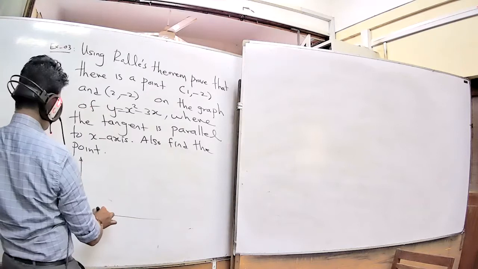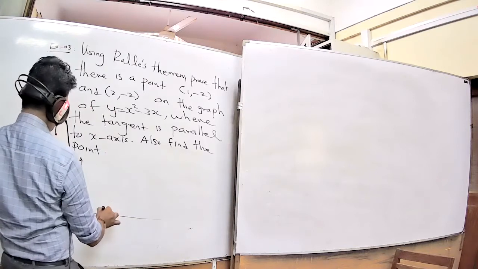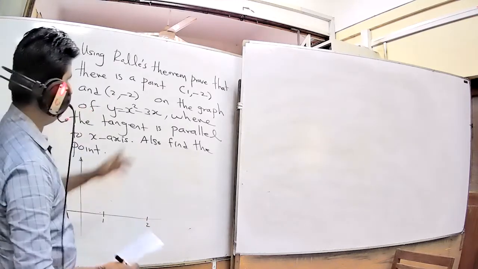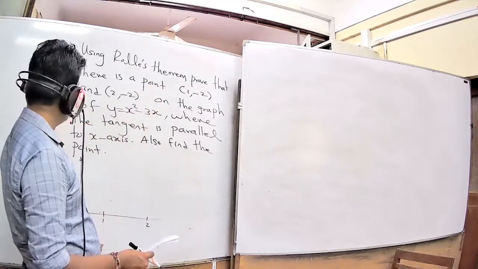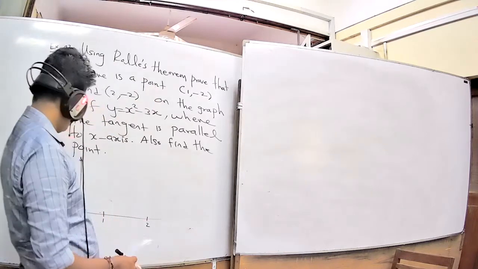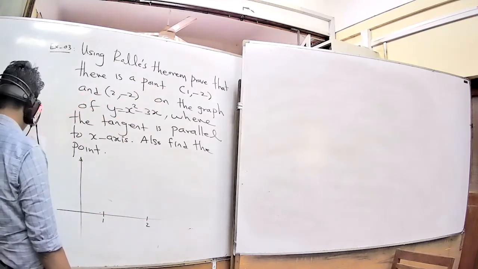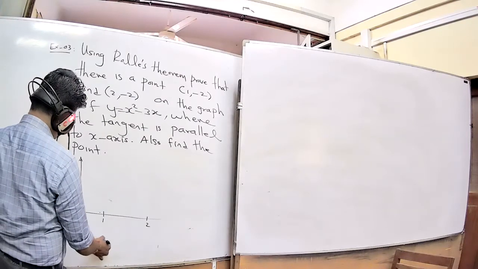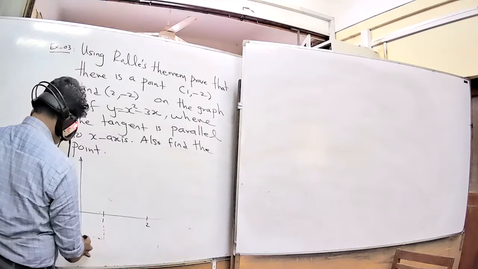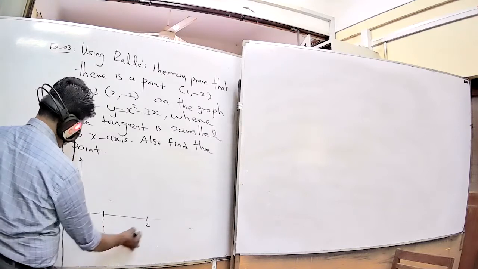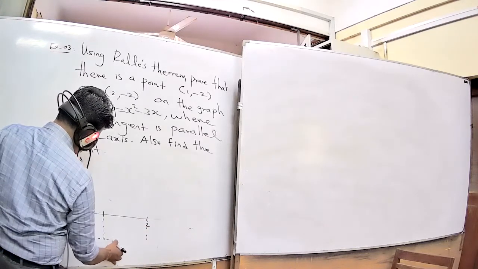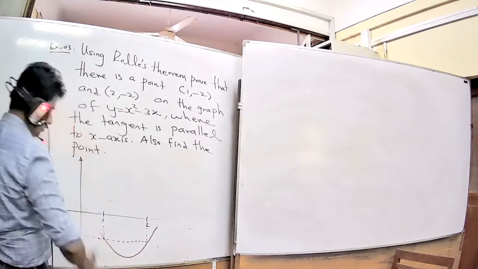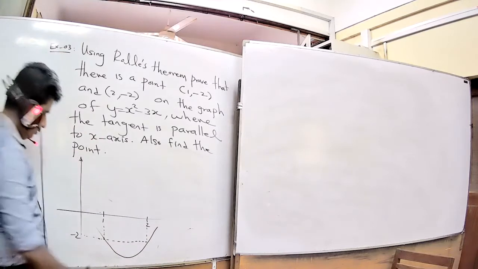You have the points here: 1, minus 2 and 2, minus 2. The graph has a pattern like this.